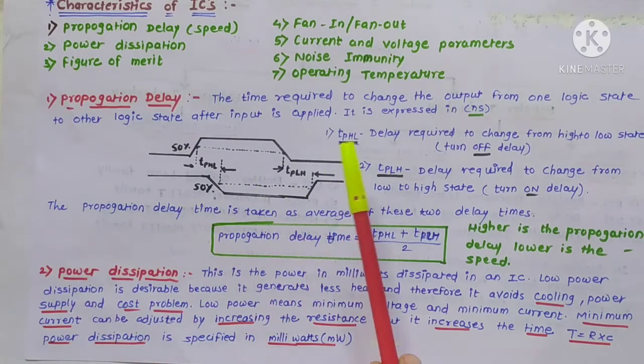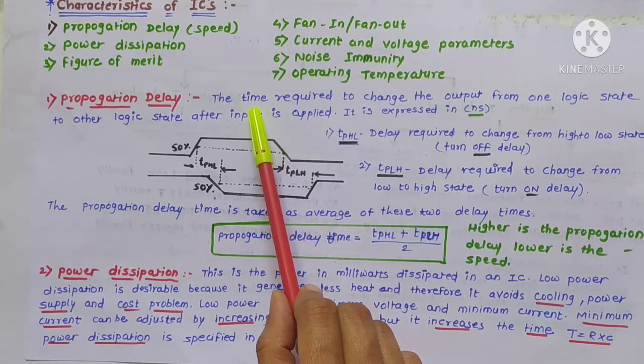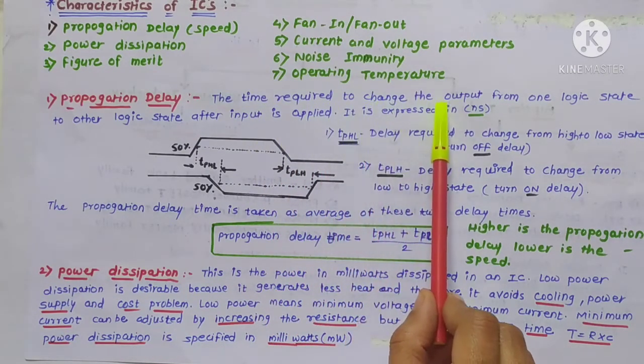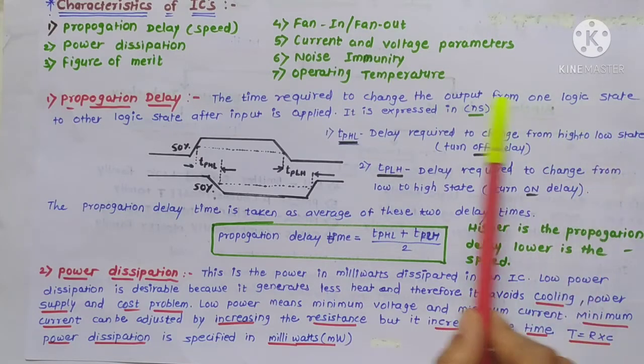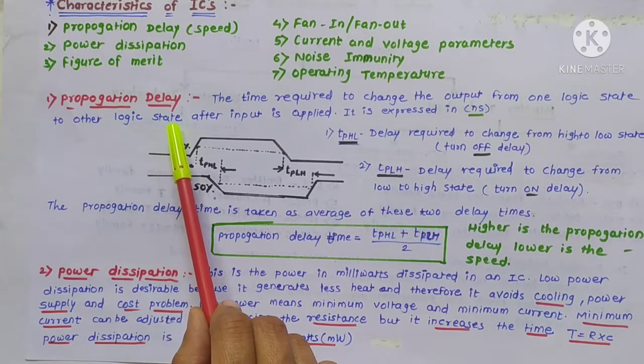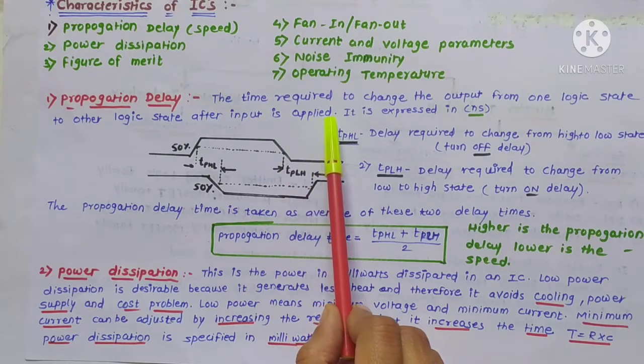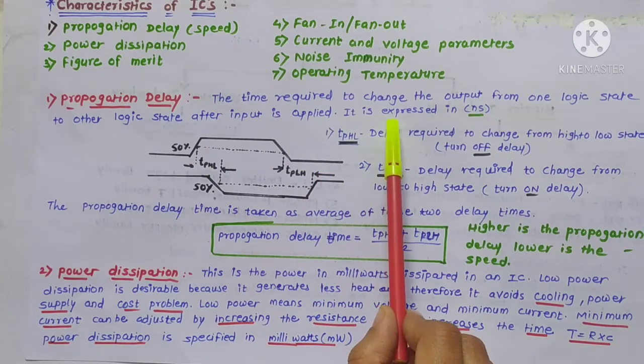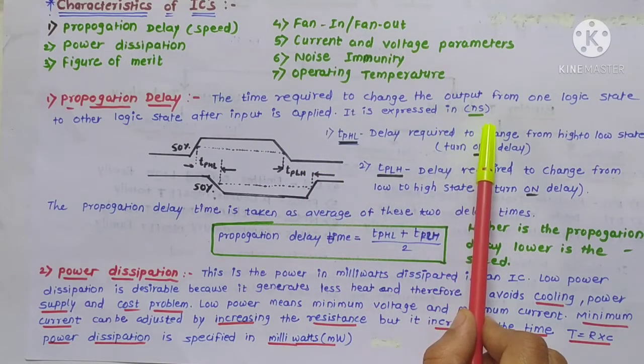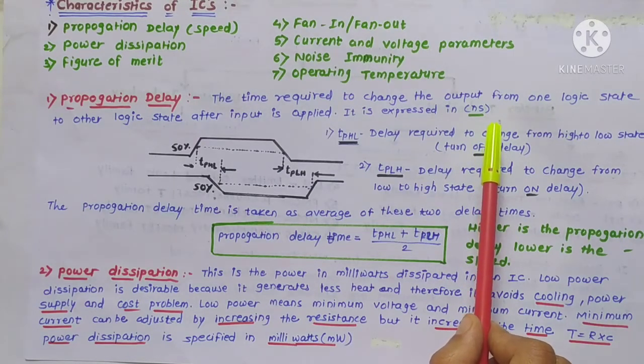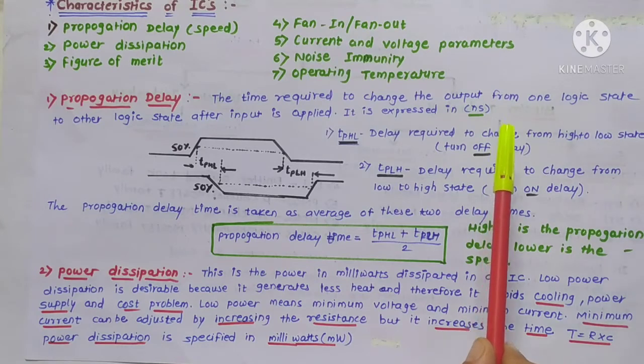The propagation delay is defined as the time required to change the output from one logic state to the other logic state after the input is applied, and the propagation delay is expressed in nanoseconds. Okay students? And it is denoted by tP.